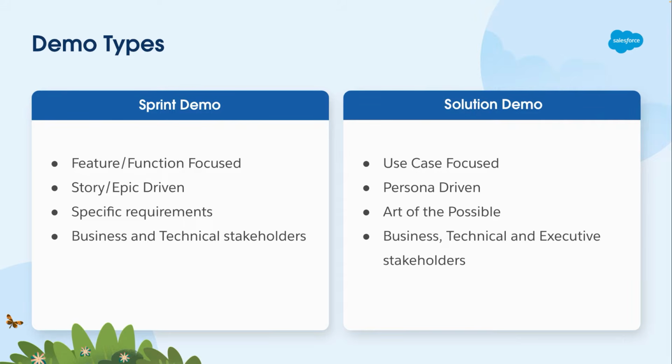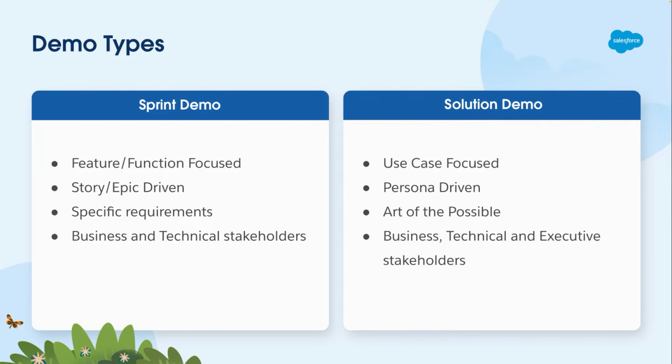Now, the other type of demo, and the one we're really going to focus in on today, is a more solution-oriented demo. This is where we're going to focus in on the use cases that we're trying to hit here. Typically, we're driving through more personas and telling more of a story. This also is going to have maybe some more art of the possible functionality in here, so maybe some mocked up functionality.